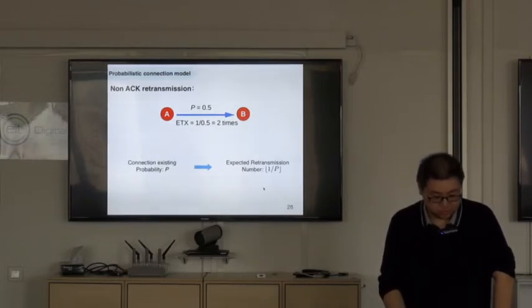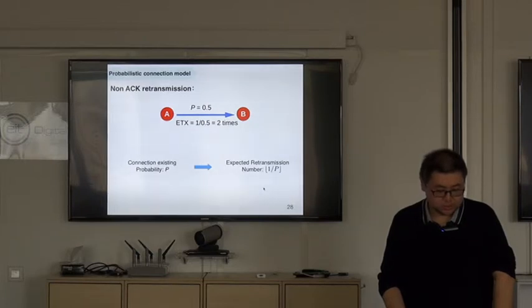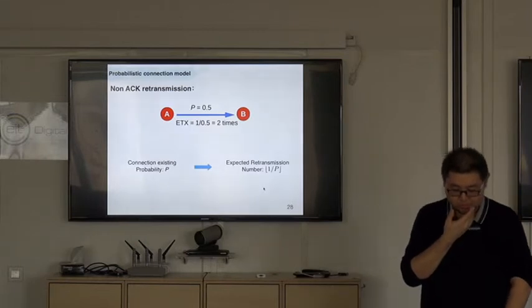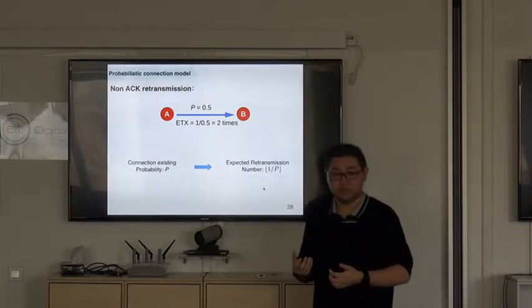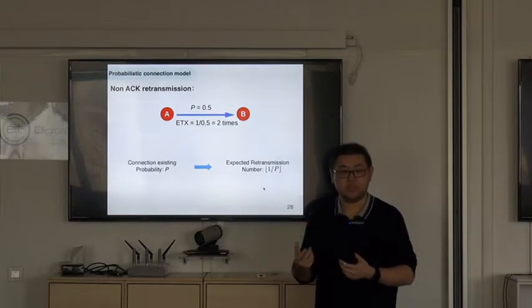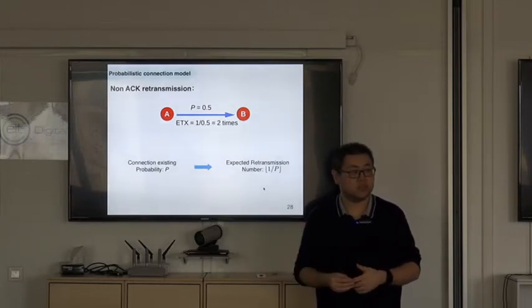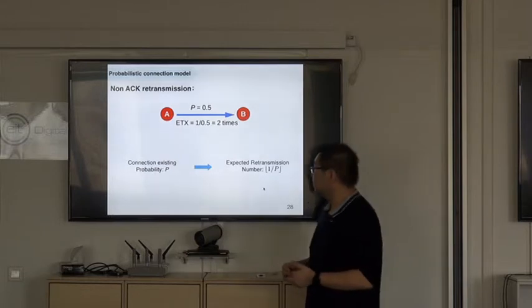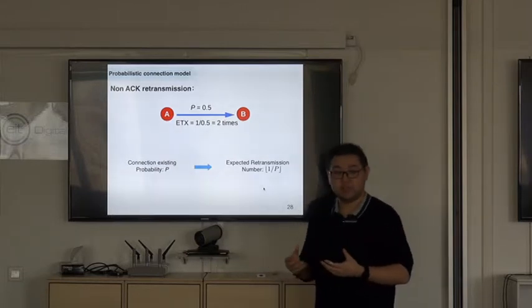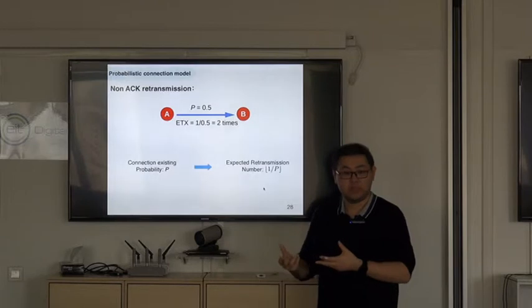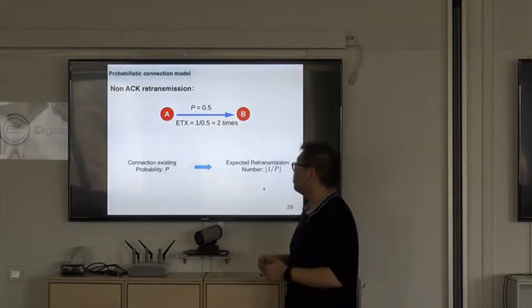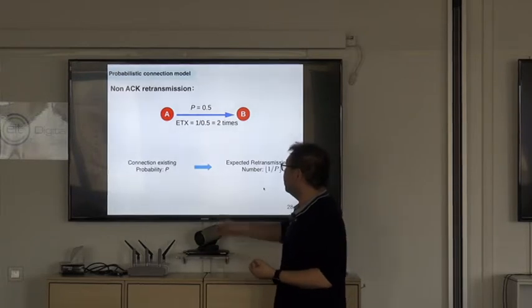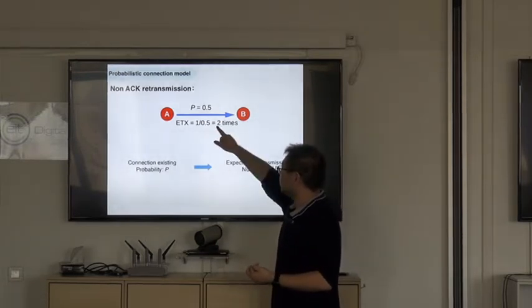So we propose another retransmission mechanism, named no-acknowledgment retransmission. The idea is that when one node sends a message, it will continue sending the same message a lot of times without waiting for the acknowledgment. Because in this environment the link is not stable, even if we wait for the acknowledgment it could be discarded. So we don't wait for the acknowledgment, and we try to send the message several times.